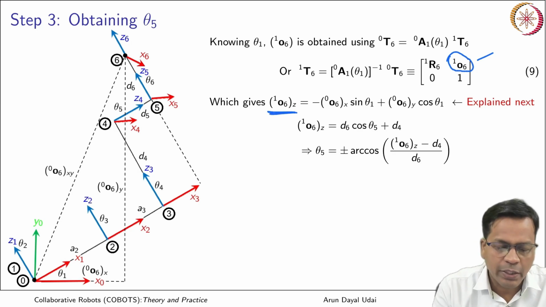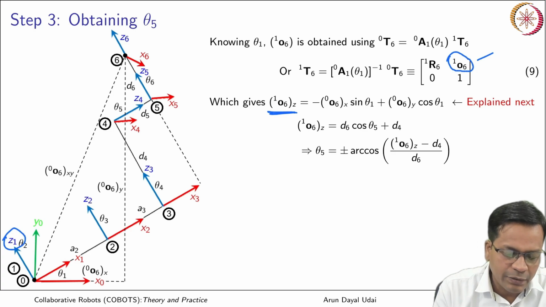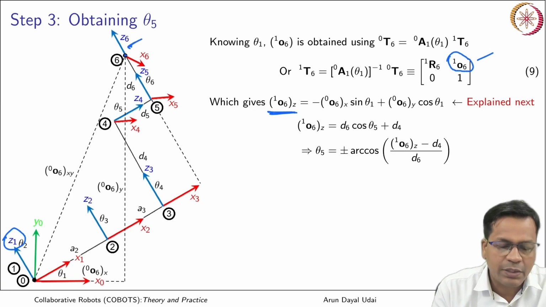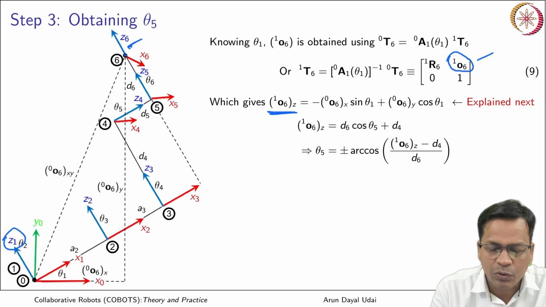Whatever is the Z1 direction, in this frame you are looking at frame 6. So the Z6 component along Z1 is along the same direction, and that will come out to be like this.